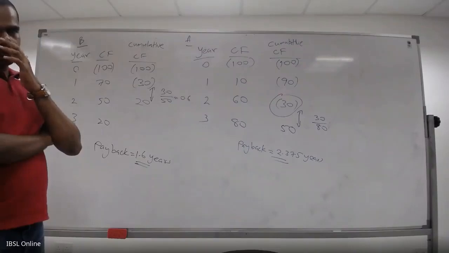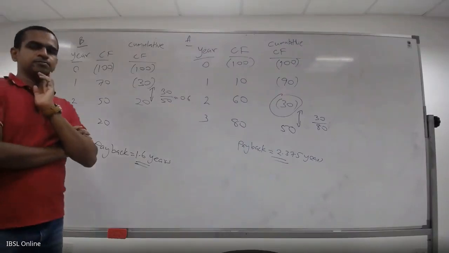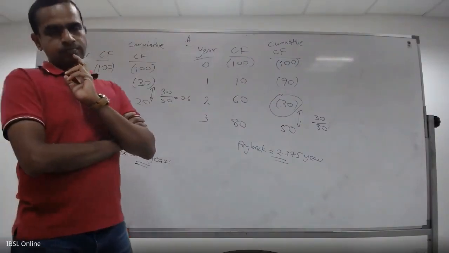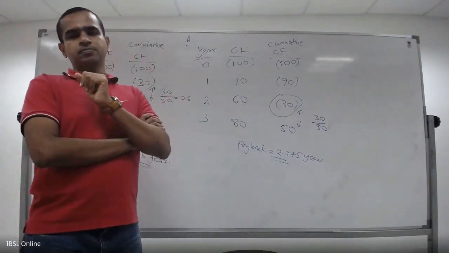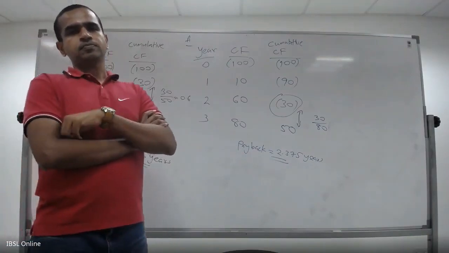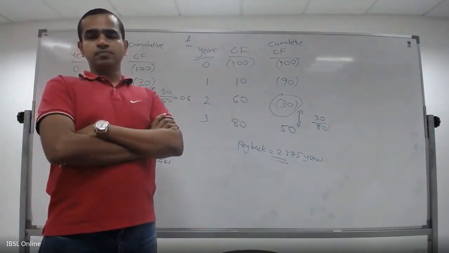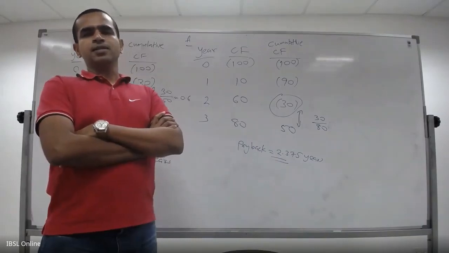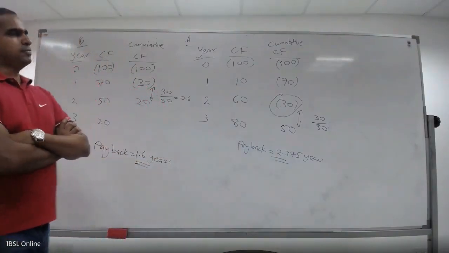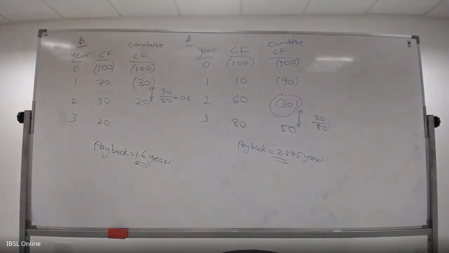Right. How do you remember the definition of mutually exclusive? Mutually exclusive means if you select one, you can't select the other. But independent means you can select as many as you want. Right. So these projects are mutually exclusive. Which one will you select?